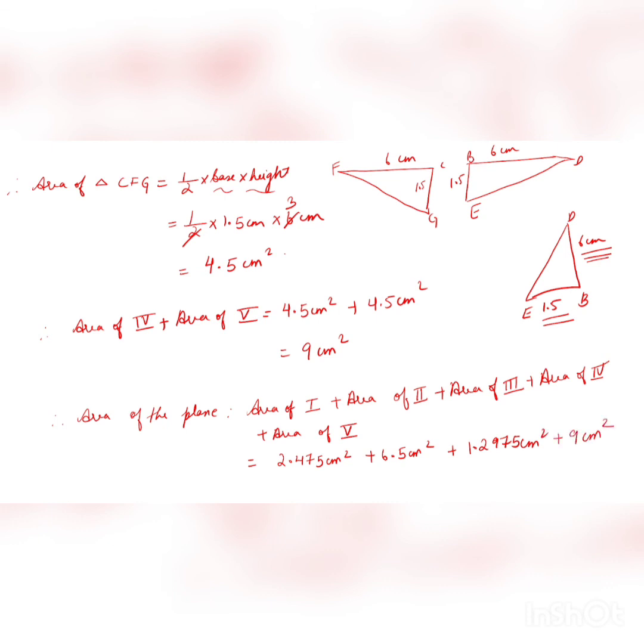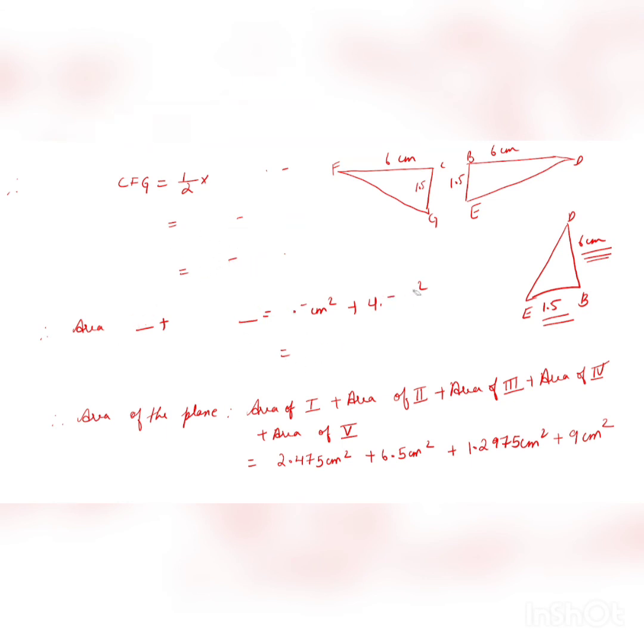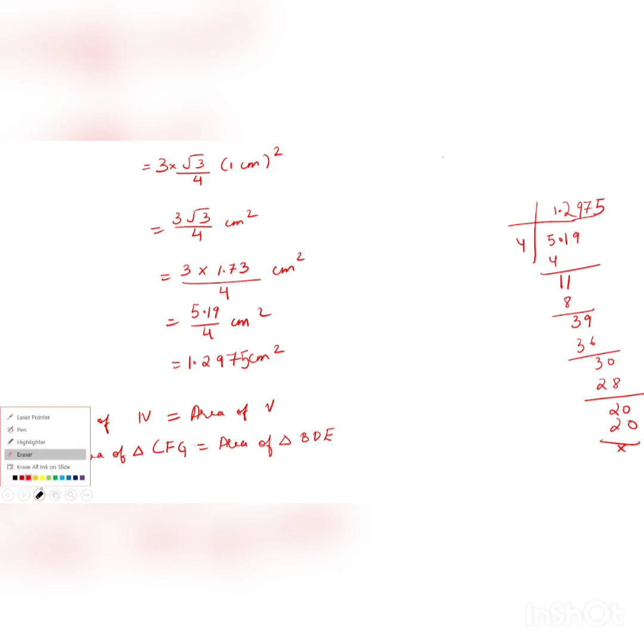All right, now let me rub this, and then I'll write it back here. Clear up to this much? So the values will give you, let's add them up. Clear with that? We'll add them up.